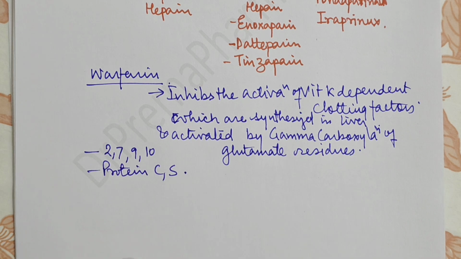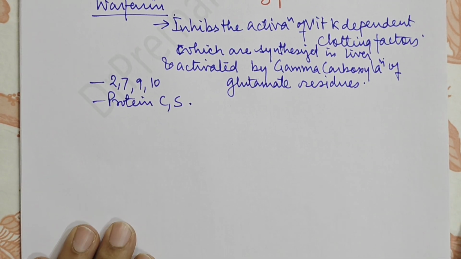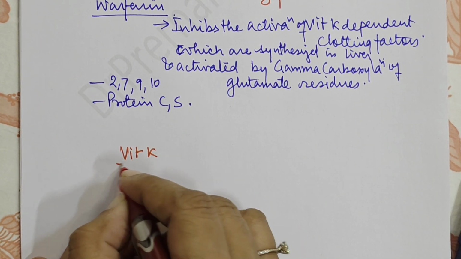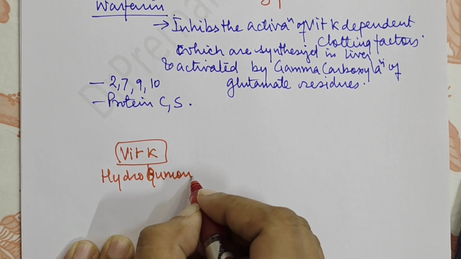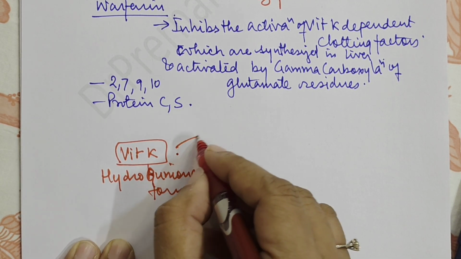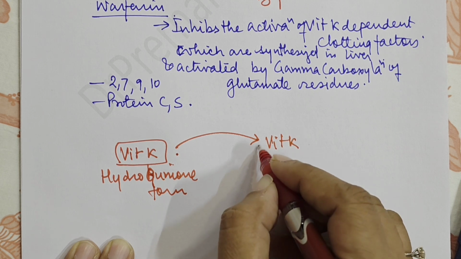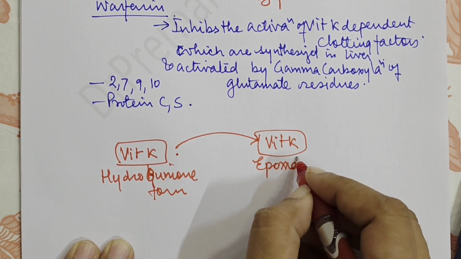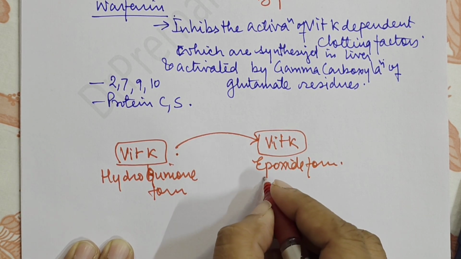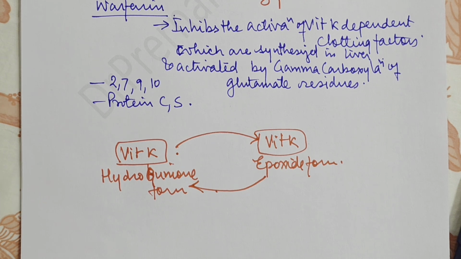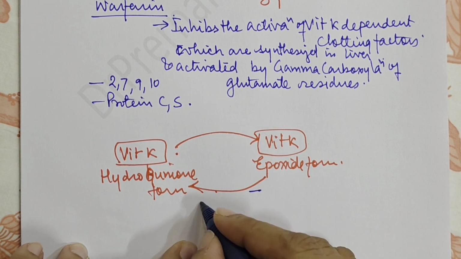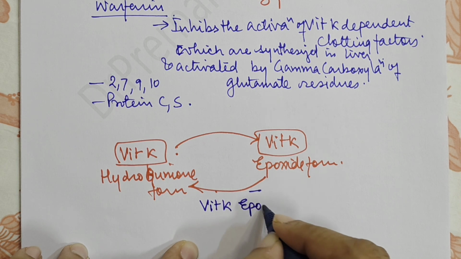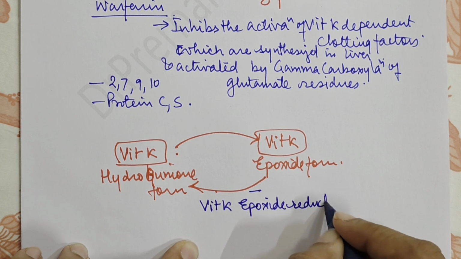Okay, now let us see the mechanism. Say this is vitamin K in hydroquinone form, and this vitamin K then gets converted into epoxide form. To convert back from epoxide form into hydroquinone form, there is an enzyme called vitamin K epoxide reductase.